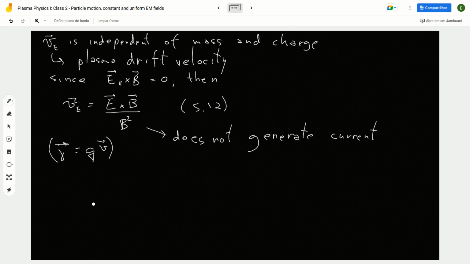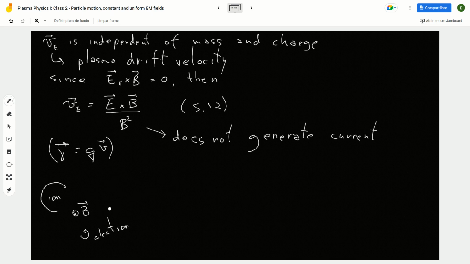So basically, let's try to draw this. If I have the magnetic field pointing out of the blackboard, then we have electrons going this way with a small Larmor radius, and we have ions going with a larger Larmor radius, clockwise, and this is counterclockwise.